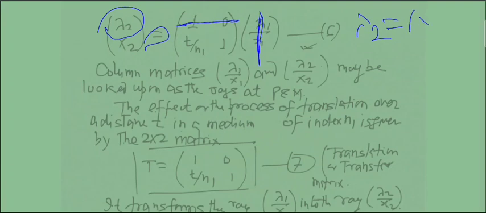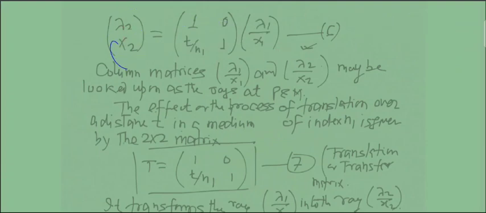What will come? 1 into lambda 1 plus 0 into x1. Similarly, this row will be multiplied by this column for x2, and lambda 2 will be this multiplied by this.